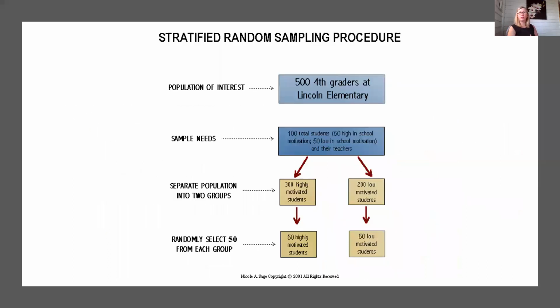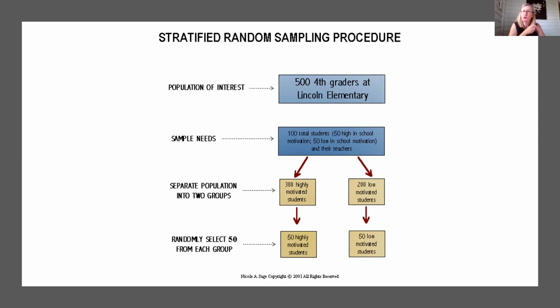Here's a visual example. Let's say we had 500 grade 4 students at an elementary school. For my sample needs, I'm only going to need 100 students. But I want to break them into strata upon an independent variable I think is important, and in this study, it would be motivation. I want half of my 100 students to be highly motivated and the other half to be lower in school motivation.